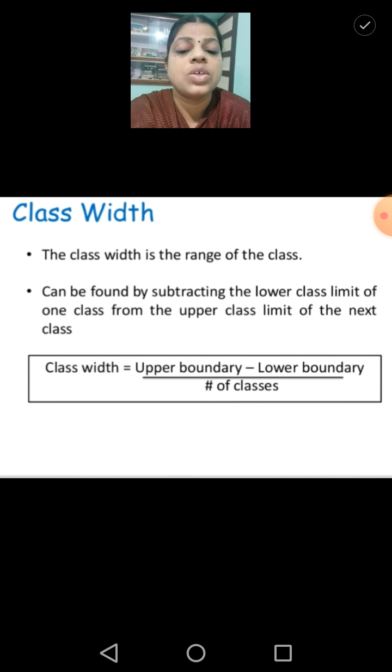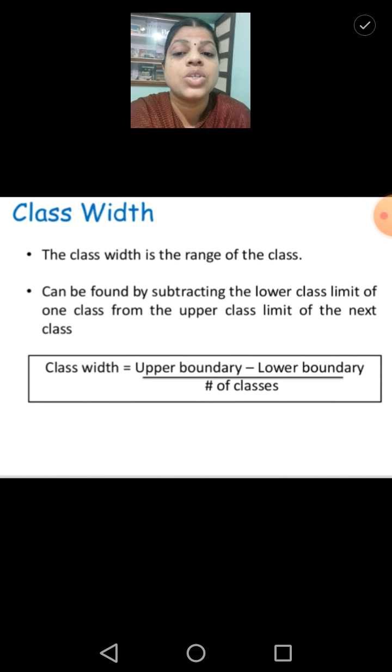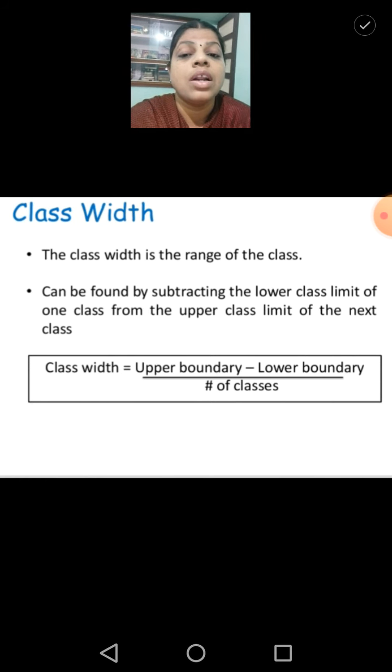Next we went through what to do if the data is given in a large manner or the values are large, and how to calculate the frequency distribution for that. And next the class limits and the class width. So children, I hope the explanations related to all these are precise for you.